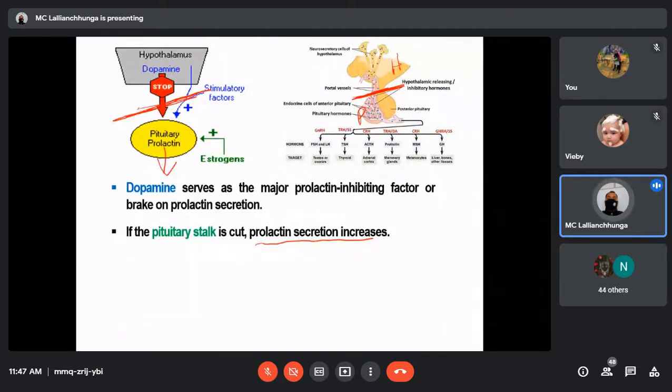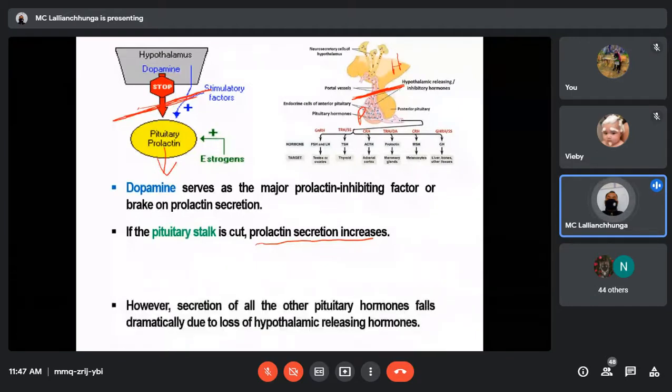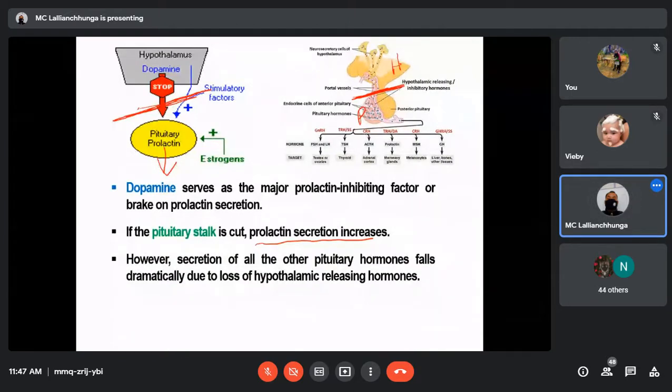But for the other hormones, like FSH, LH, TSH, growth hormone, and ACTH, secretion will decrease, because TRH, GHRH, GnRH, and even CRH are important for the release of all these hormones.